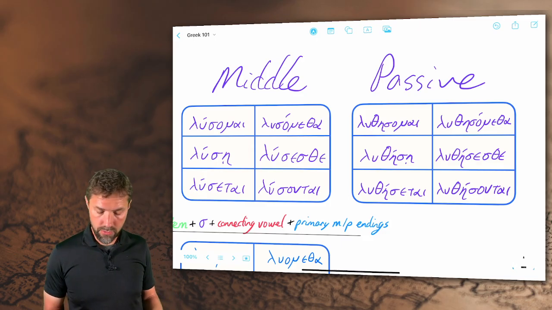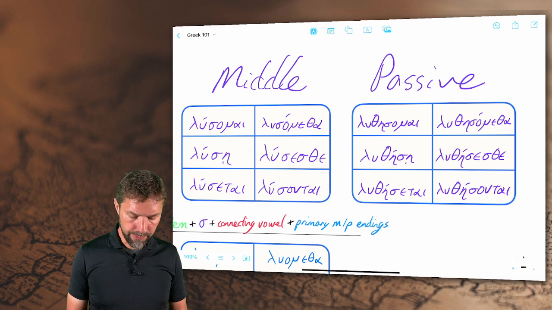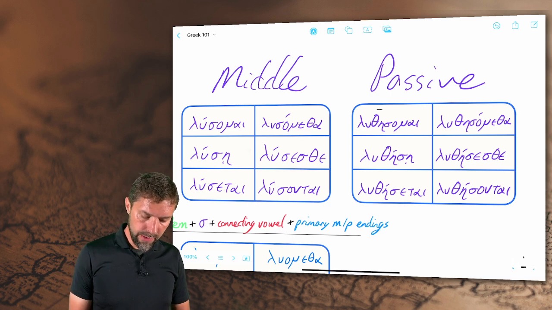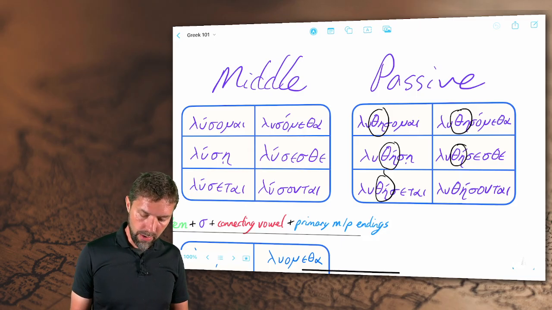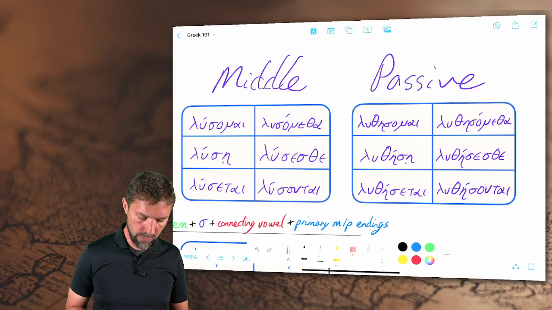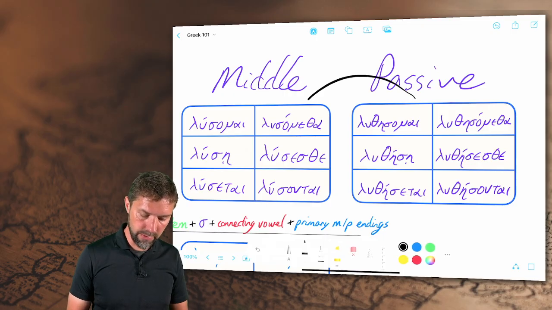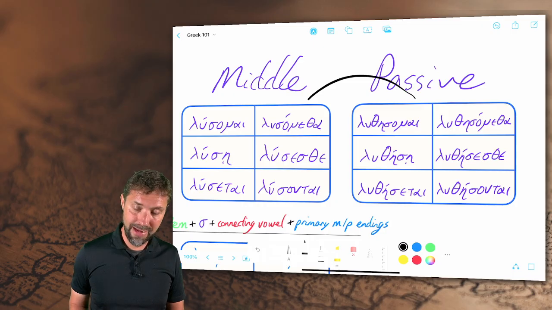If, and again, you can pause the video to give yourself more time, but if you picked up that the pattern is this theta eta infix right here, that's your distinction. Theta eta throughout. Otherwise, the future passive is identical to the future middle. Okay, so these two are very much closely related forms, just a difference of that theta eta infix.